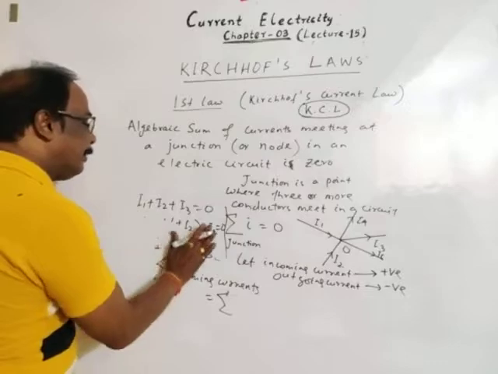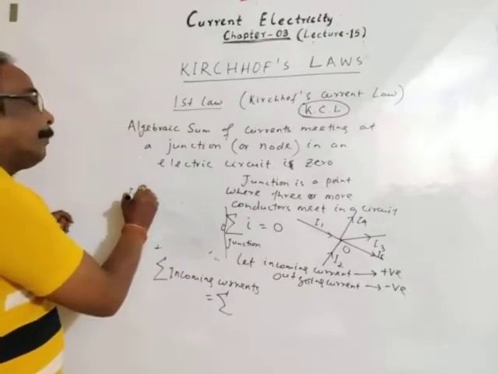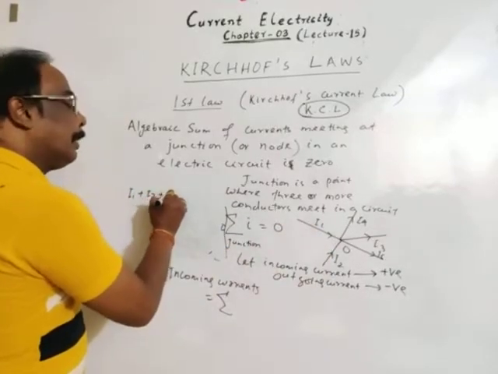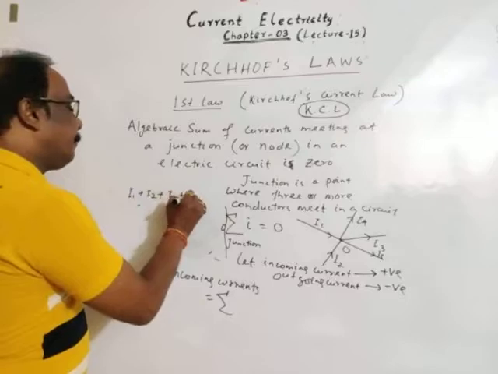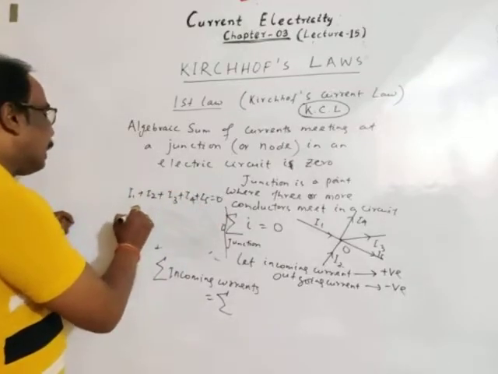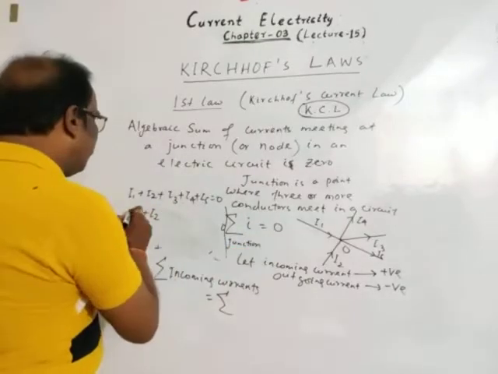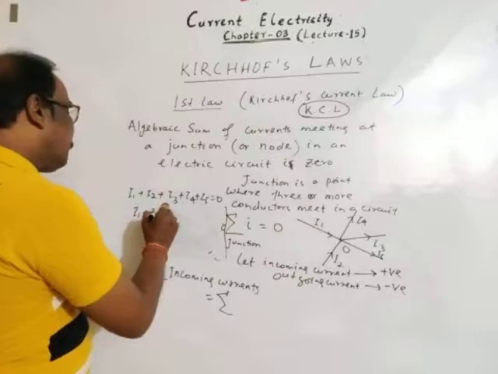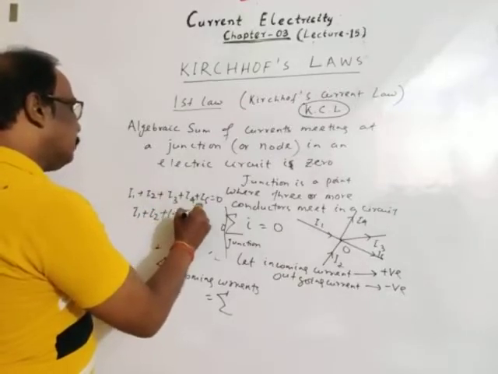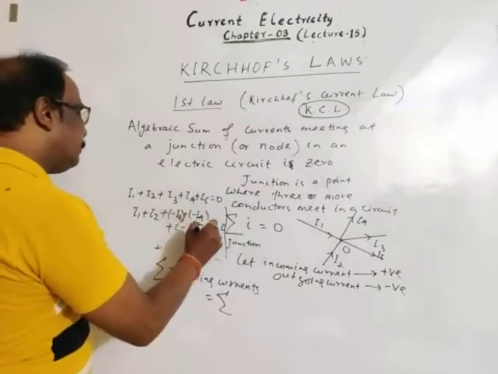Total current is 0: I1 plus I2, these two are incoming, plus minus I3, plus minus I4, plus minus I5 is equal to 0.